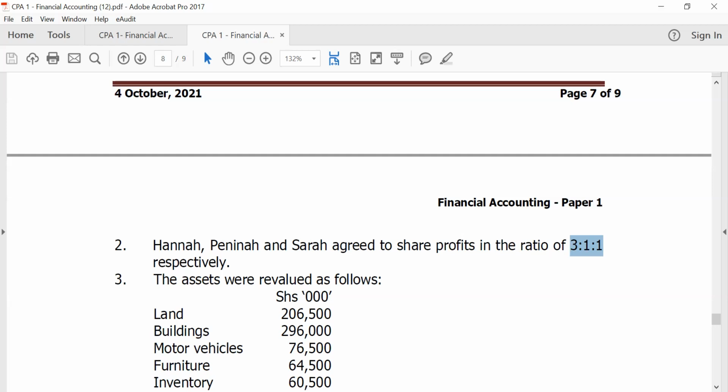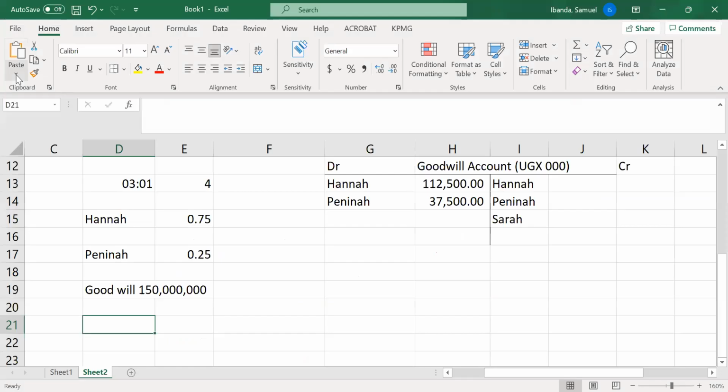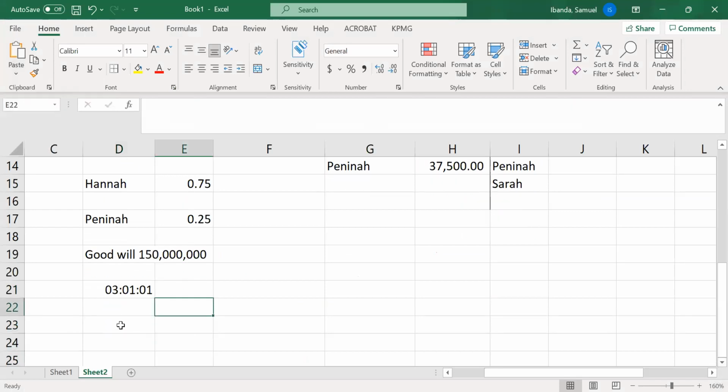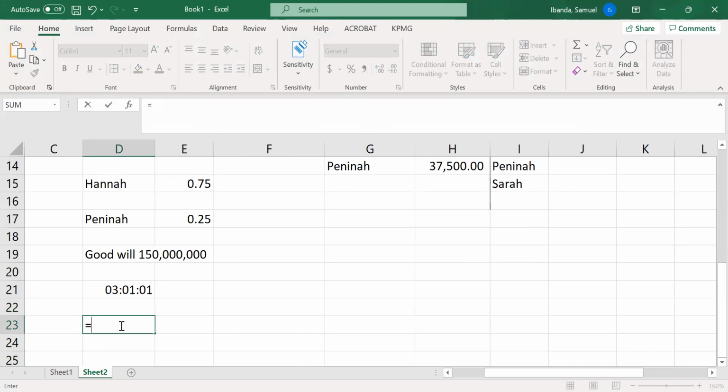So based on that, we are going to be able to share our goodwill. This is 3 divided by, now our total ratio will be 5.